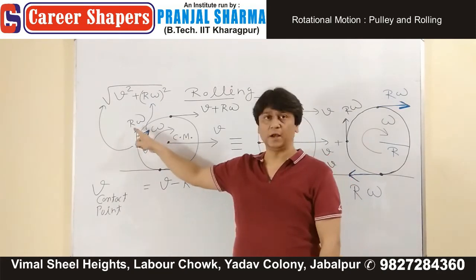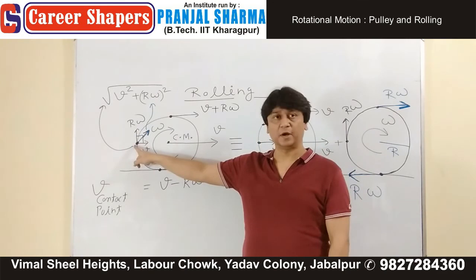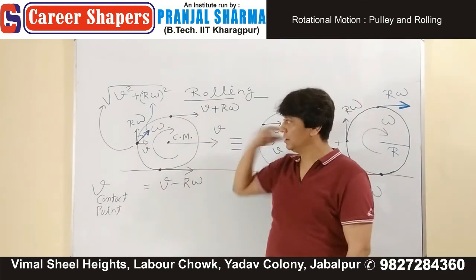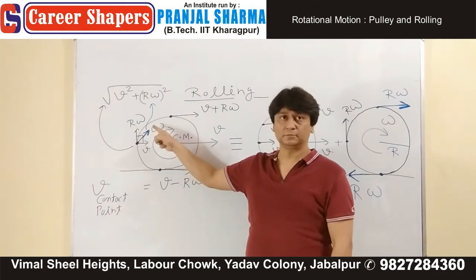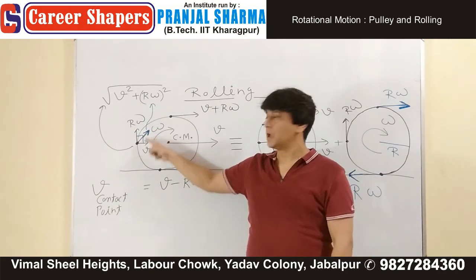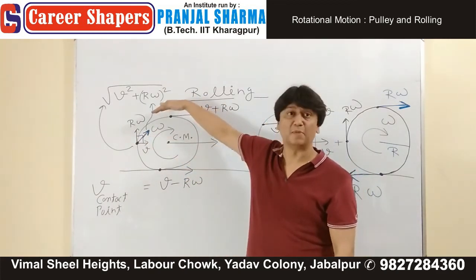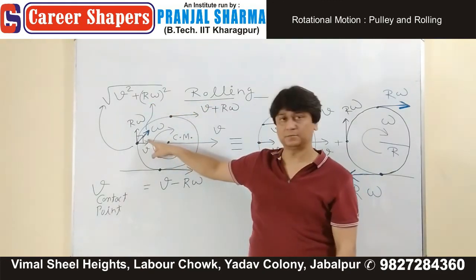Horizontally, vertically, or like this? The answer is that this dust particle, which is at the circumference, at the rim of the wheel, is going to move like this. And to protect you from this dust particle, we have a mud guard over here, which protects us from this.